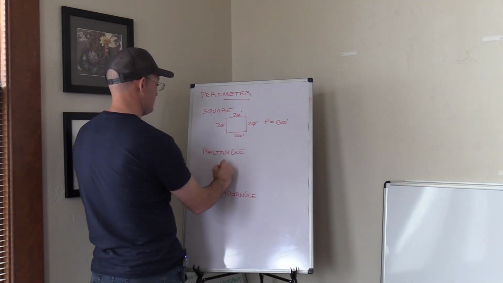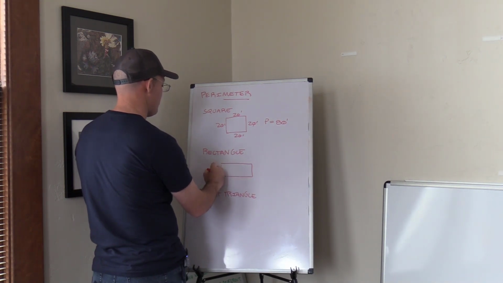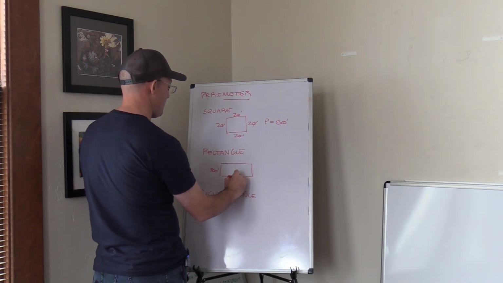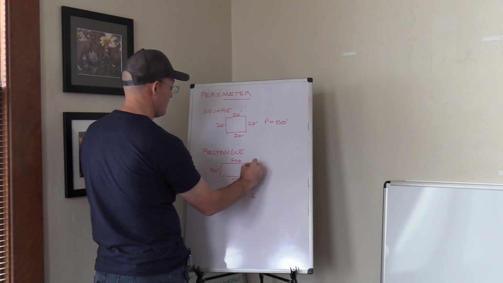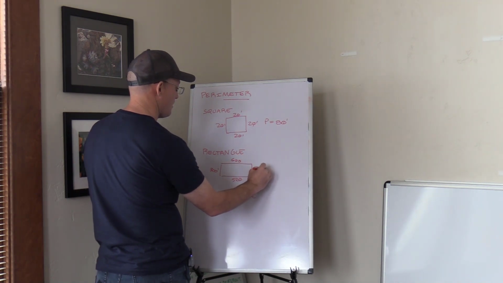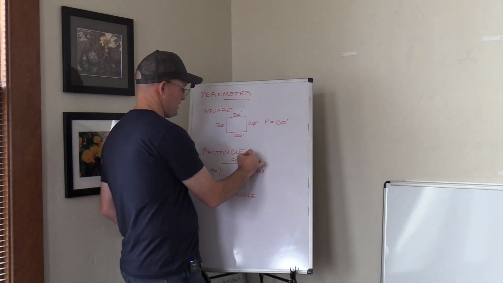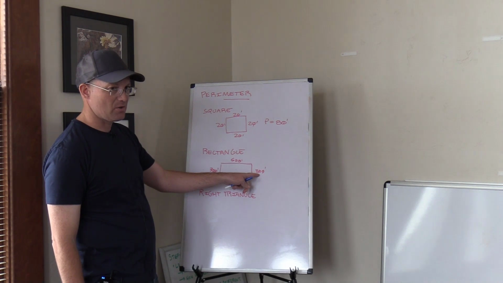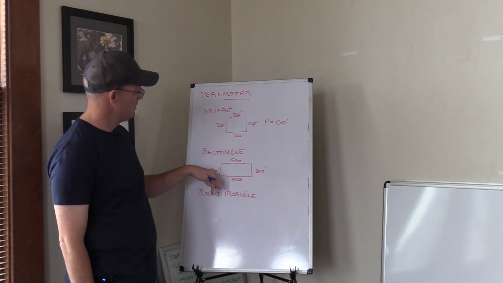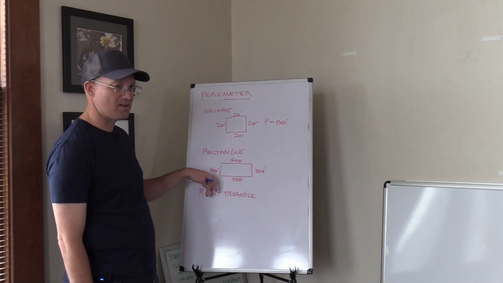Okay, rectangle. Let's say we've got 300 feet here, and we've got 500 feet here. If we add all these up to get the perimeter, we've got 500 plus 300 is 800, plus 500 is 1300, plus 300 is 1600.